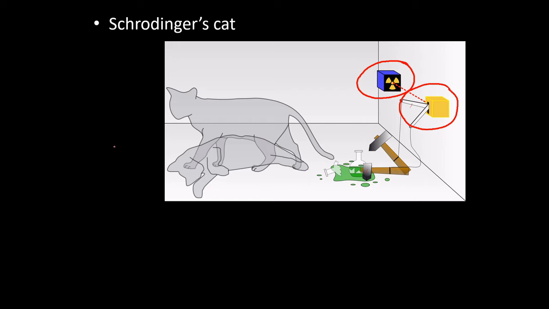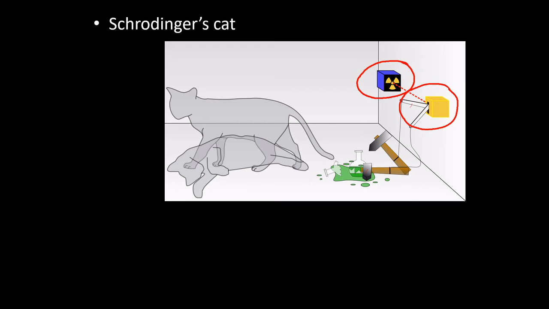Now, according to quantum mechanics, if cats and jars of poison and everything like that behaved in the same way as electrons and atoms, the moment that we closed that box and could no longer see that the cat was in there and alive, the cat became a superposition of cats.